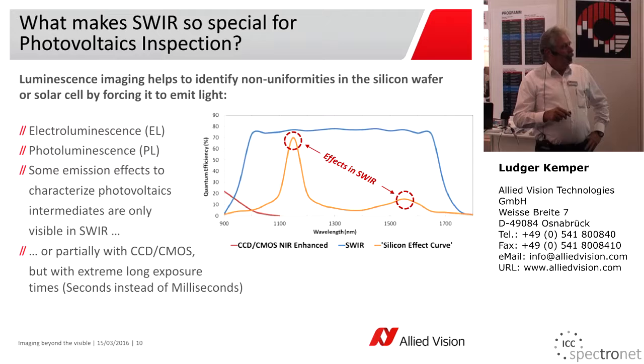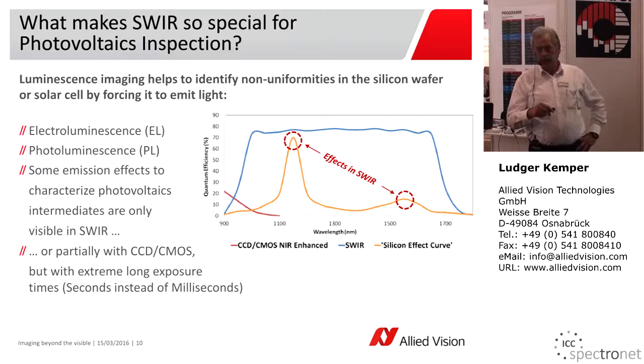But the signal also goes down to 900 nanometers, so you can also detect it with a normal visible camera, but therefore you need long exposure times of seconds instead of milliseconds with a SWIR camera.